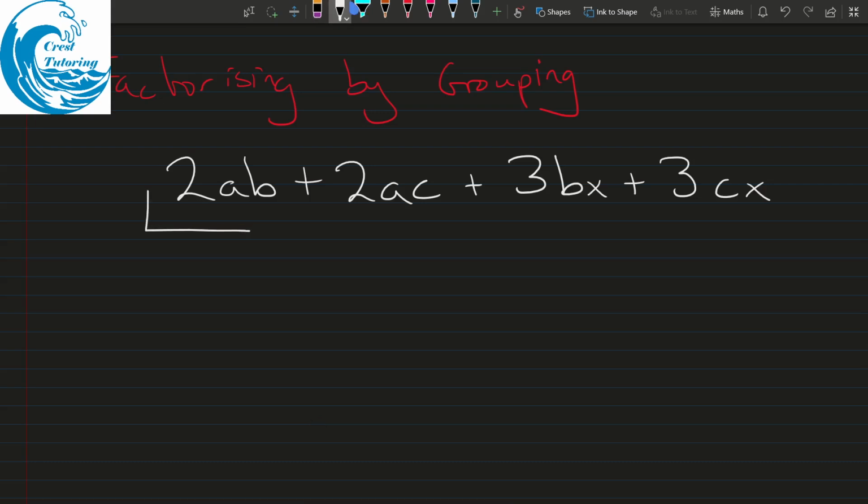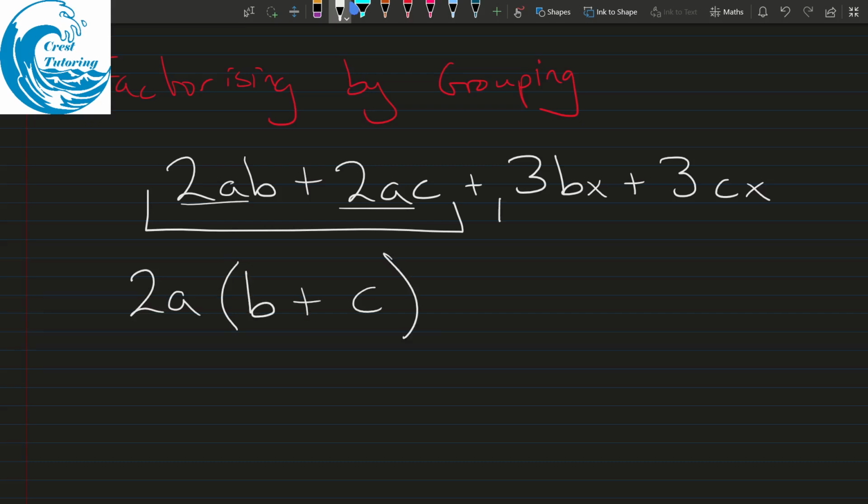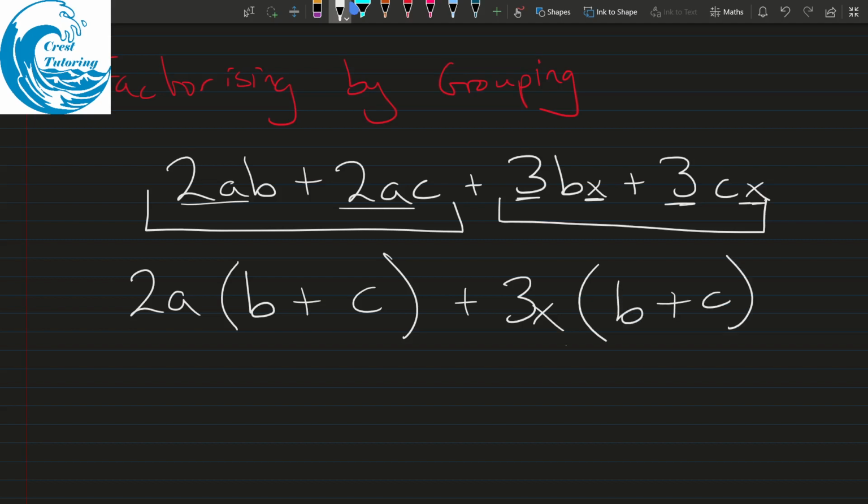So we'll say if we take these 2 as a group, well, we know we can take out 2a because that's in both of them, and then we're left with b plus c. And then if we take this much as a group, we know we can take out 3 and x because that's in both. So we take out 3x, and then we are left with b plus c again.